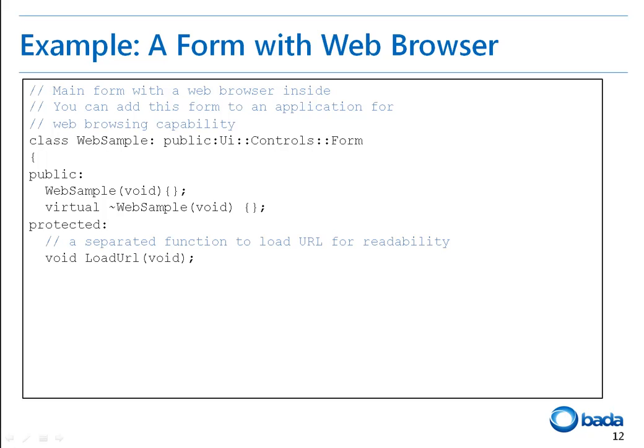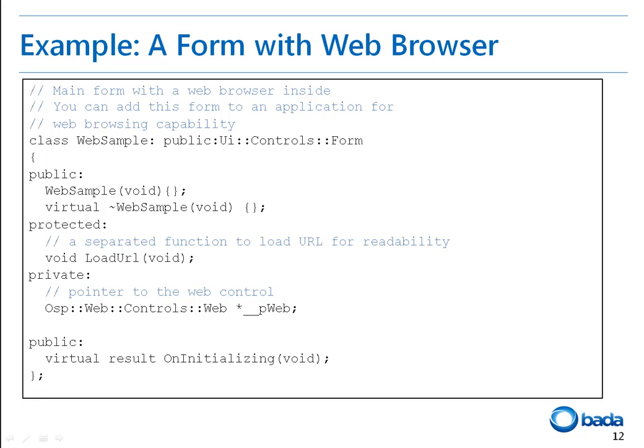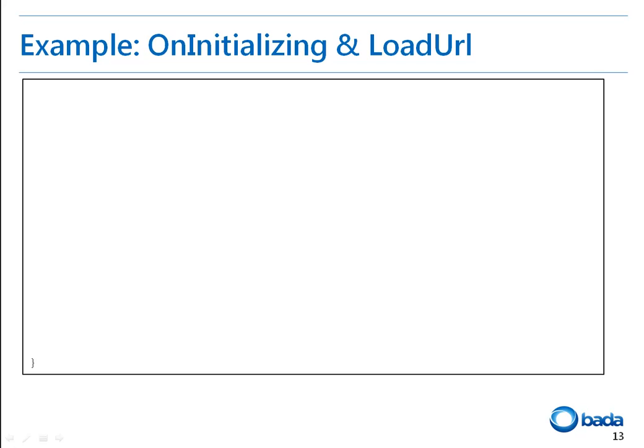Here, I've declared a separate protected function to load the URL for readability. Then, a private pointer to the web control is declared to hold the web control across the application. Later, we'll use this OnInitializing function to create and initialize our web control object.